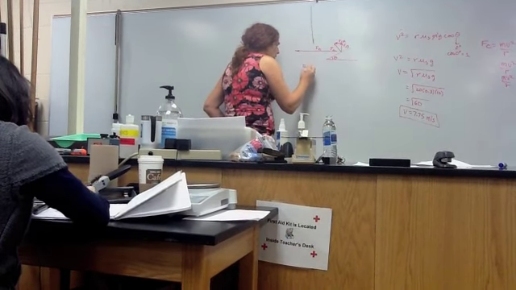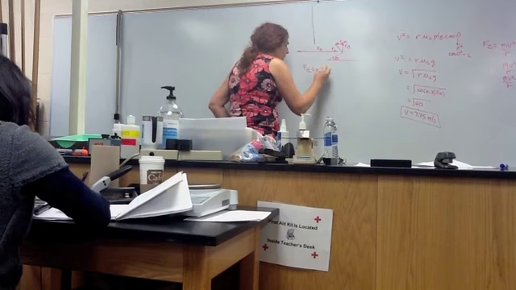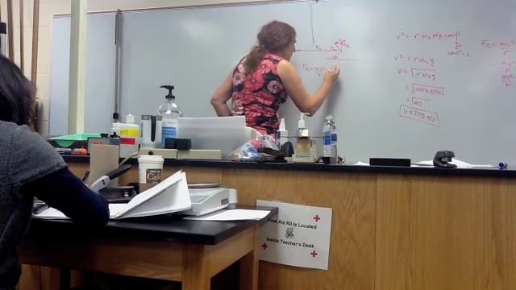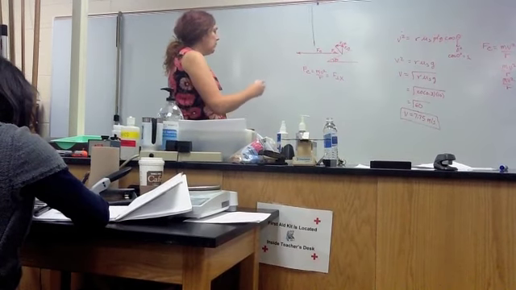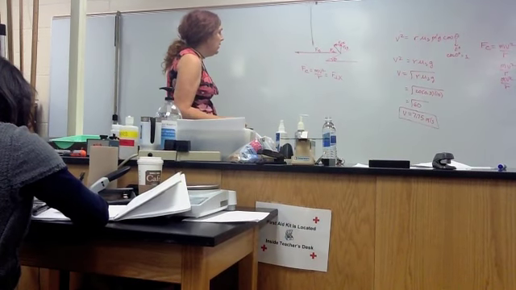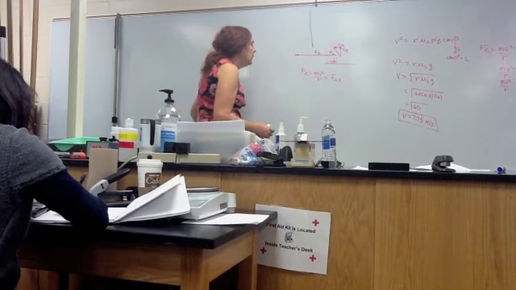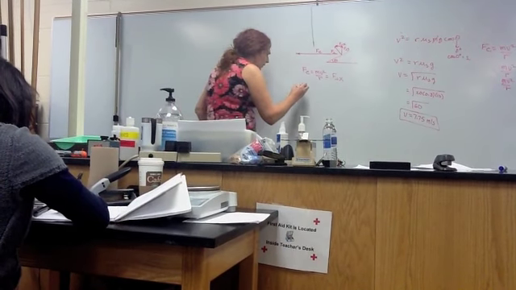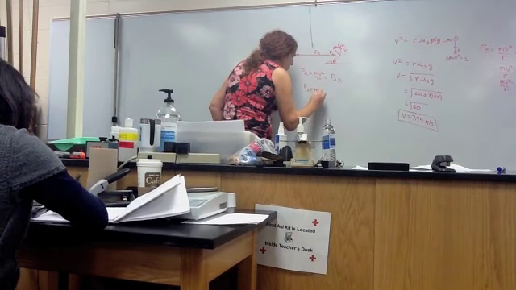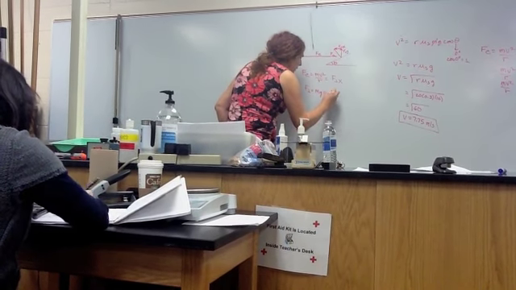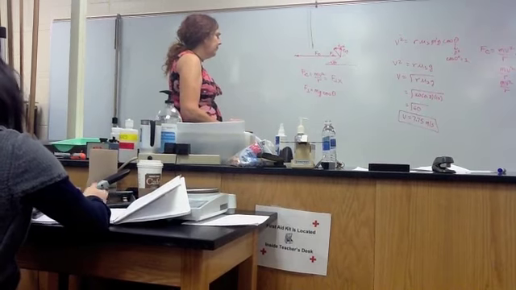So we're going to have our force, mv squared over r, equal to the x component of the normal force acting on the vehicle. And we said that the normal force is given by mg cosine of the angle.